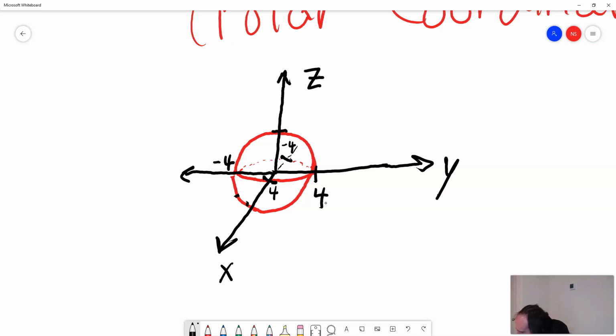And then up and down on the z-axis, the z-axis is going up to 4 and down to -4 as well.